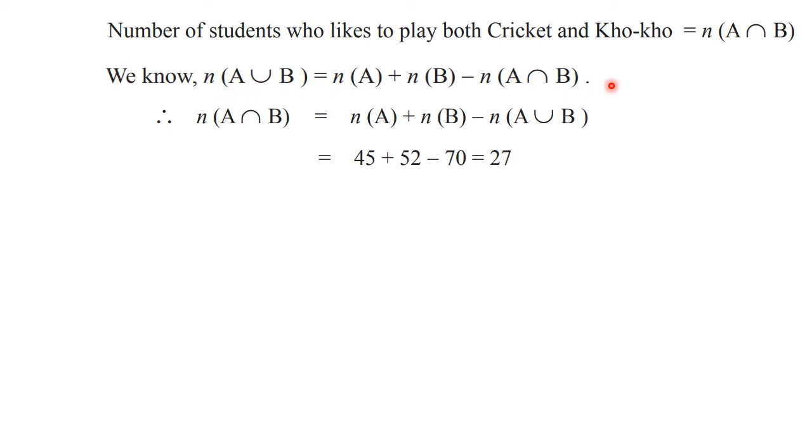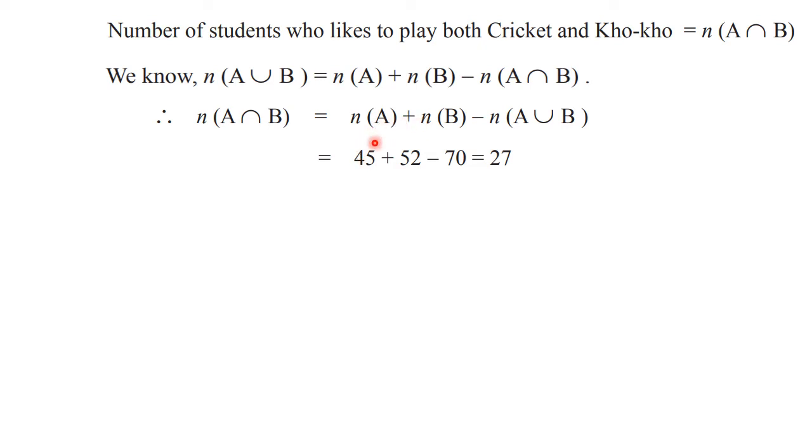This is the original formula, and this is the transformed formula. If you substitute the values here, there is no problem. It is not compulsory to write this step. After the original formula you can immediately write 70, then 45, then 52, and minus as it is, and then also you can solve. But this is the transformed one; if you wish you can do it, otherwise you can skip that.